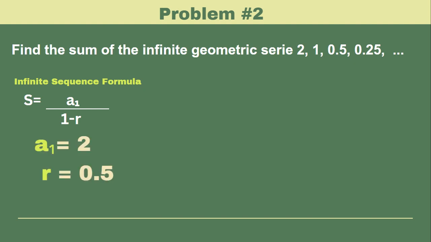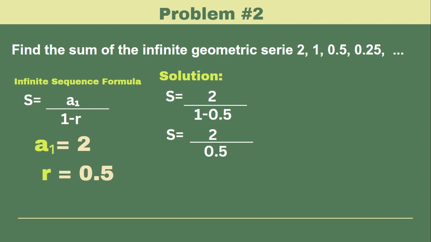In your series, the first term is 2 and the common ratio between consecutive terms is 0.5, since each term is half of the previous term. Now plug these values into the formula. S equals 2 over 1 minus 0.5. S equals 2 over 0.5.